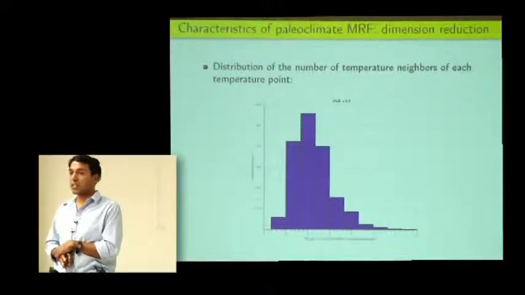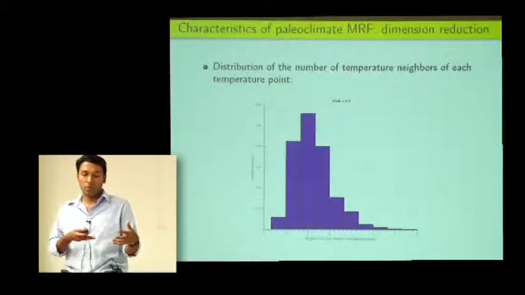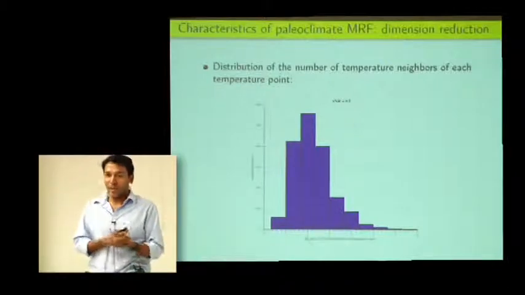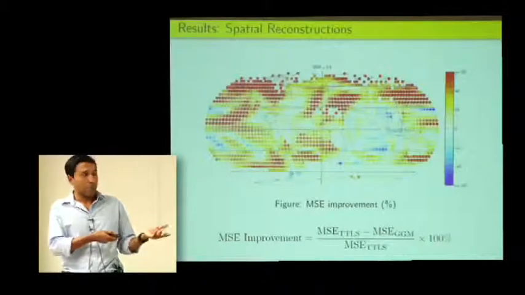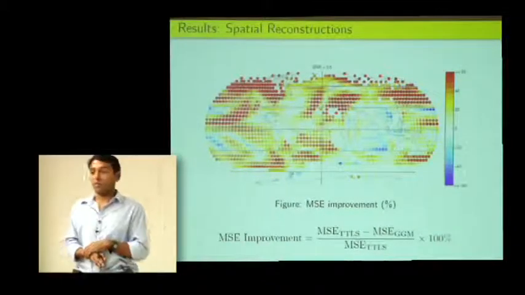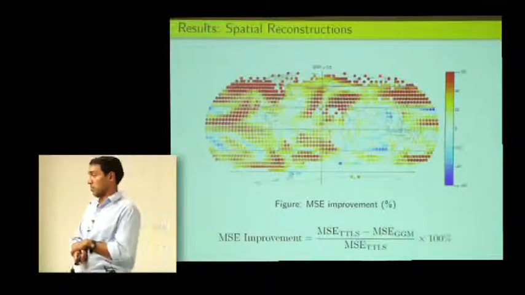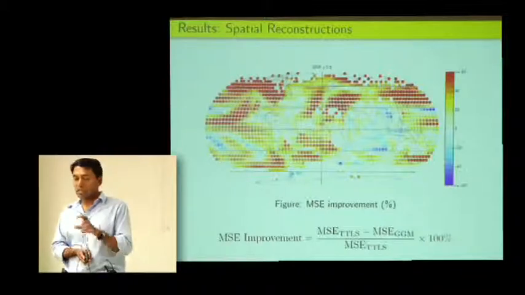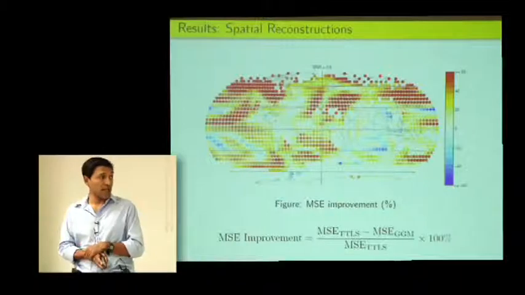So if you're interested in spatial reconstructions, how climates of the past were, for example, in Latin America, we can do it. We have not done it here. We've done it globally, but we can in fact do it also for Latin America and get reasonable estimates, provided there is some proxy data there. Of course, it's much easier to do for both North America and Europe just because of the data that's available.